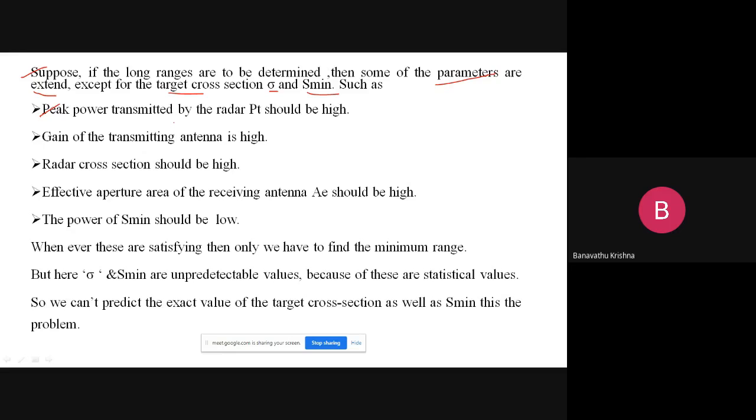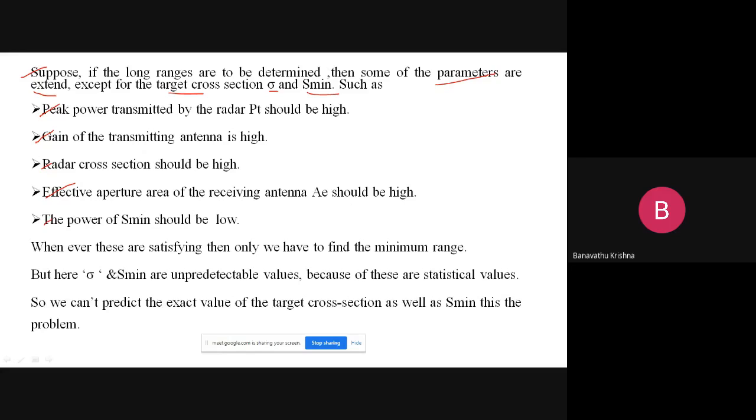Then only can we transmit the signal into the space, reach the target and be reflected back to the radar receive station. Similarly, the gain of the transmitting antenna should be high. The radar cross section should be high. The effective aperture area of the receiving antenna, AE, should be high.